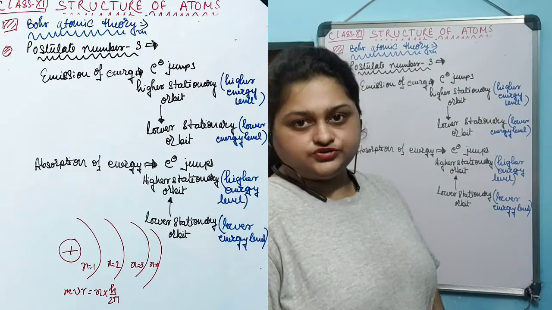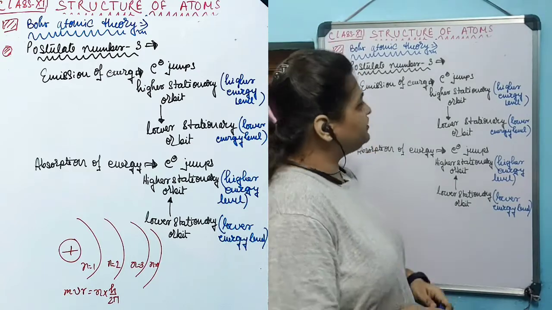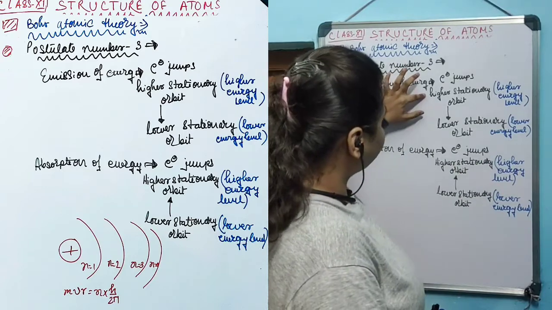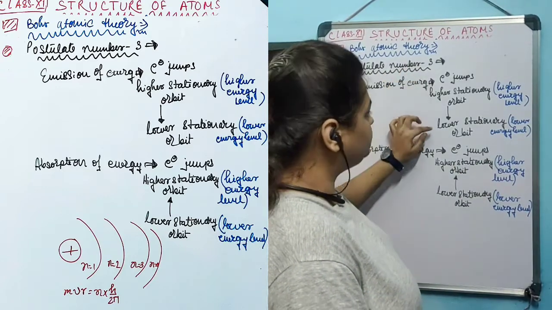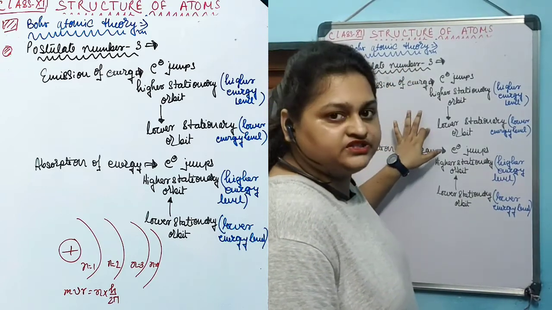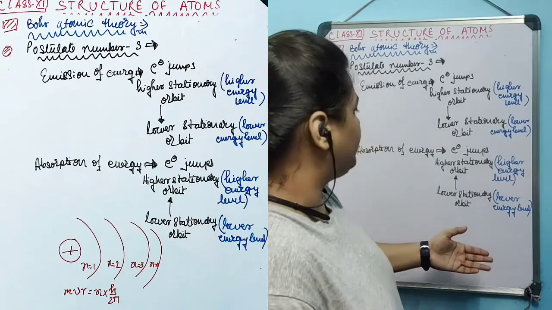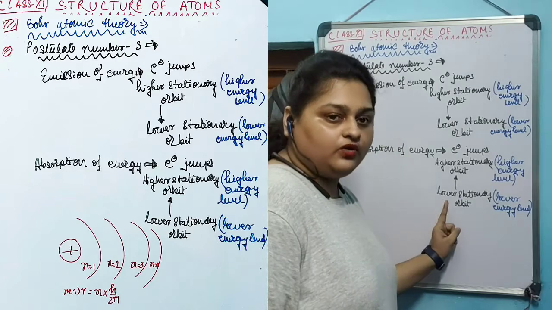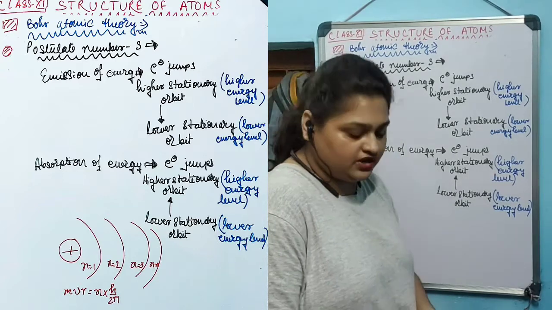In the third postulate, it is saying that the emission of energy happens when the electron jumps from a higher energy level, higher stationary orbit, to a lower stationary orbit, lower energy level, and absorption of energy happens when the electron jumps from a lower energy level to a higher stationary level.